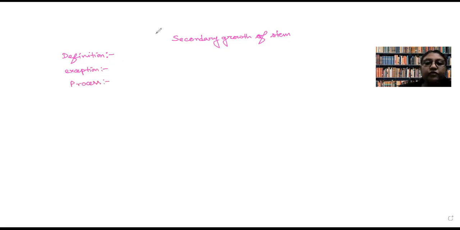So if you look into secondary growth in dicot root, it is occurring via the activity of two things. One is known as vascular cambium. Second is cork cambium.